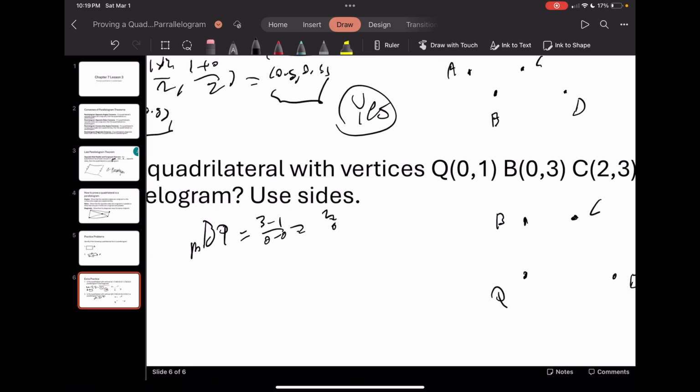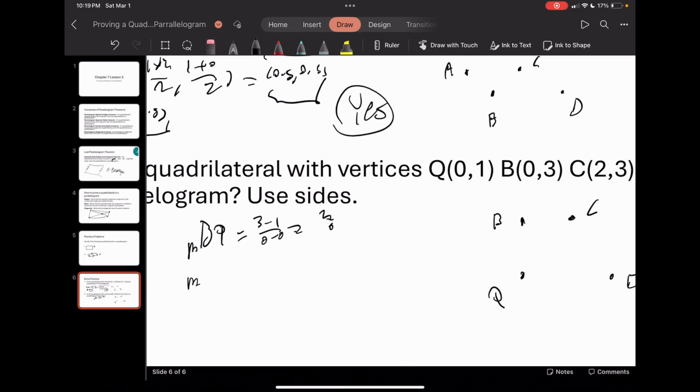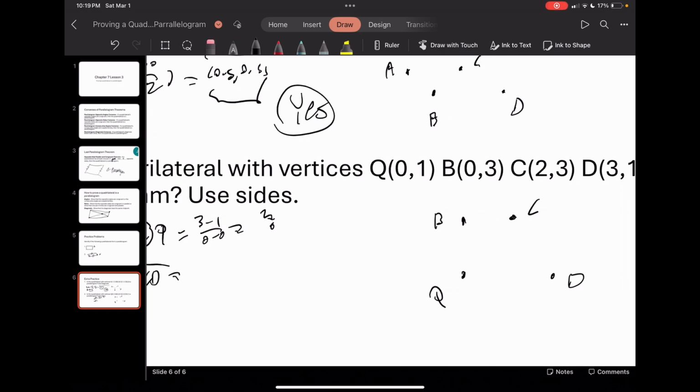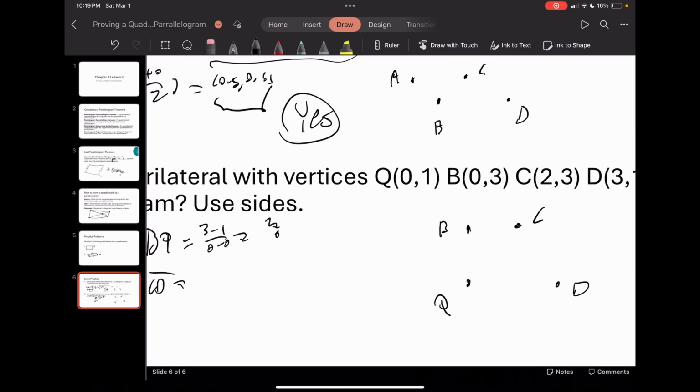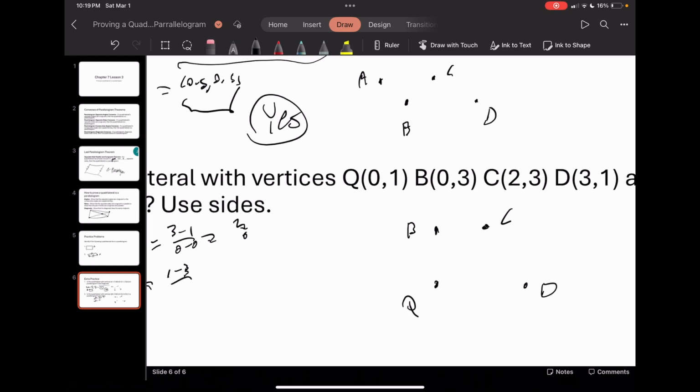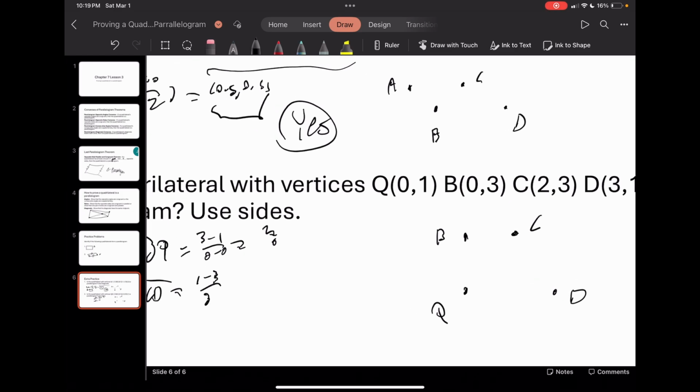The slope of CD is 1 minus 3 over, so this is -2. So no, this quadrilateral is not a parallelogram.